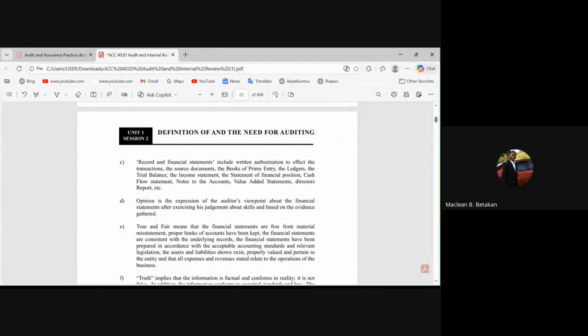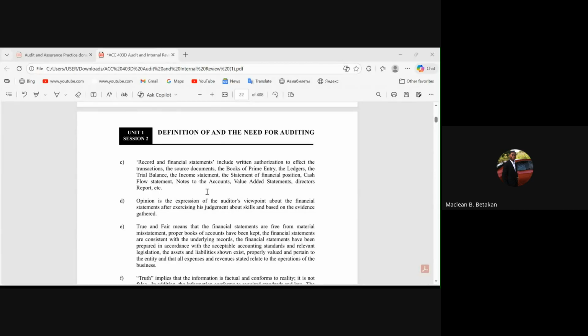So the next one is records and financial statements. As for this one, I've been singing about it. We know records, we know financial statements. The records should include source documents, all the source documents you can think about, like invoices and receipts, and any other document that is the originator of the figure.